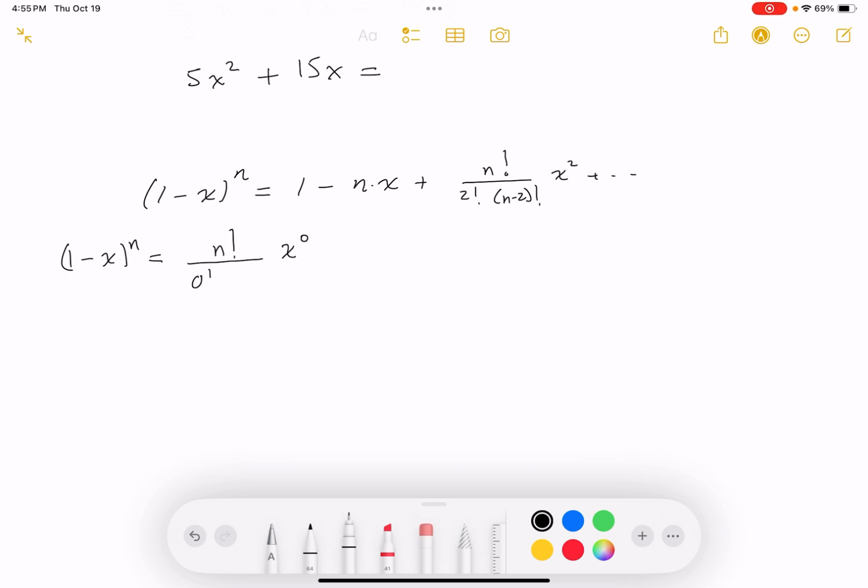The next term is going to be minus n factorial over 1 factorial, n minus 1 factorial, x to the 1, plus n factorial over 2 factorial, n minus 2 factorial, x squared, minus n factorial over 3 factorial, n minus 3 factorial, that's going to be x cubed.